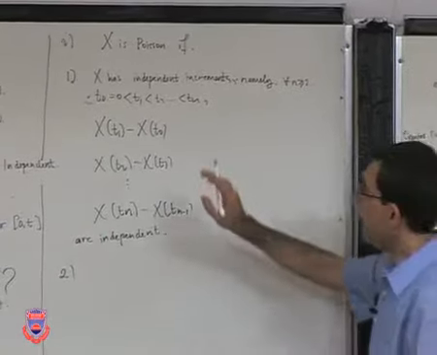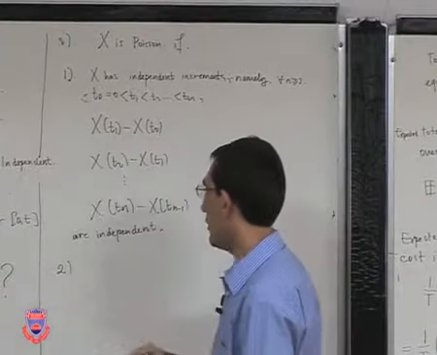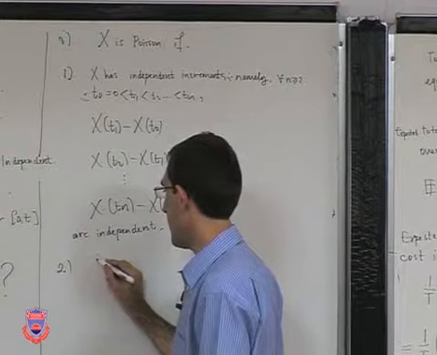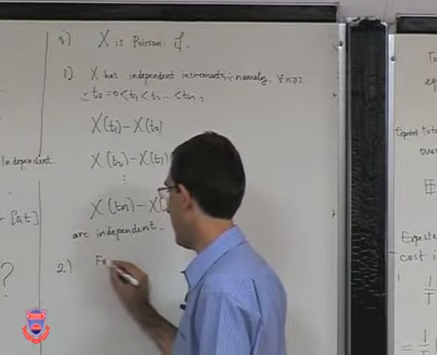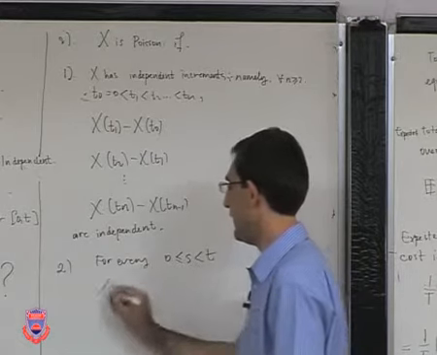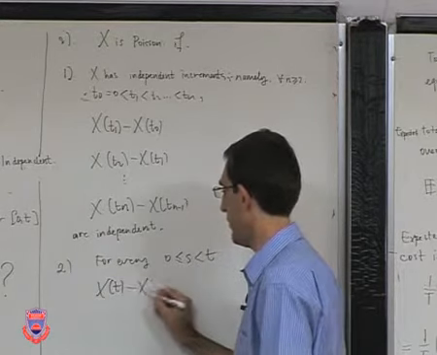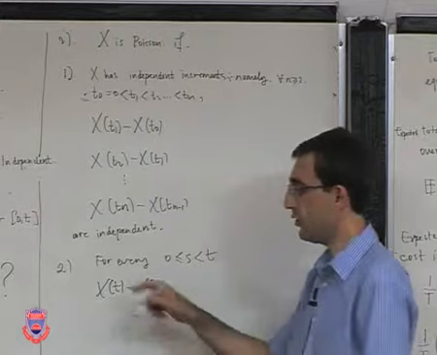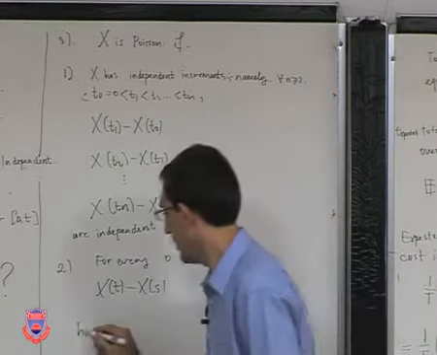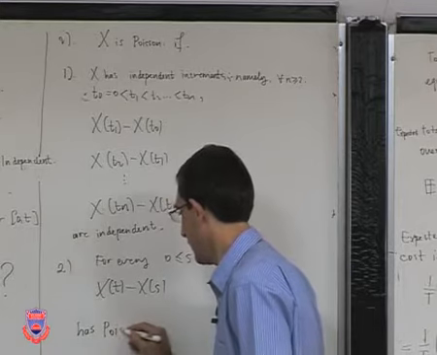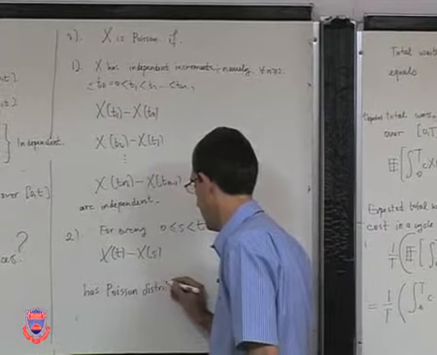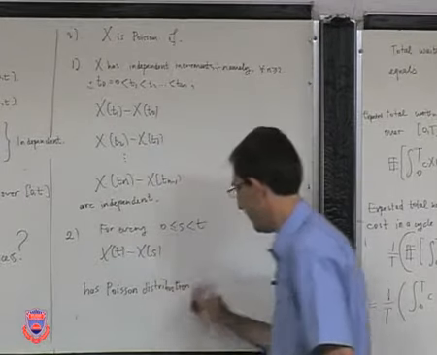And if this turns out to be true, we also have to check that for every s and t, the increment of this process from s to t has a Poisson distribution with an appropriate mean.